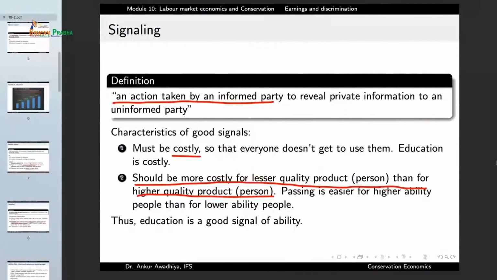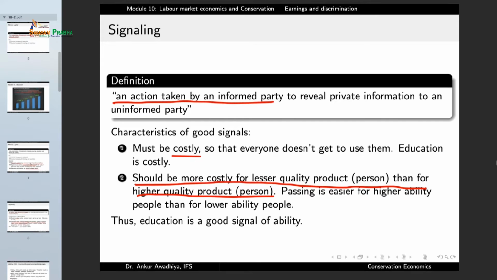So a person who is having a lesser ability in terms of say problem solving or in terms of punctuality or working hard, now this person will find it extremely difficult to pass a course, whereas a person who is hardworking will easily pass the course. So in this case, there is a difference that exists between a person with a higher quality or ability and a person with a lower quality or ability. This is another characteristic of a good signal. It should be more costly for less quality person or product than for a higher quality product or person.